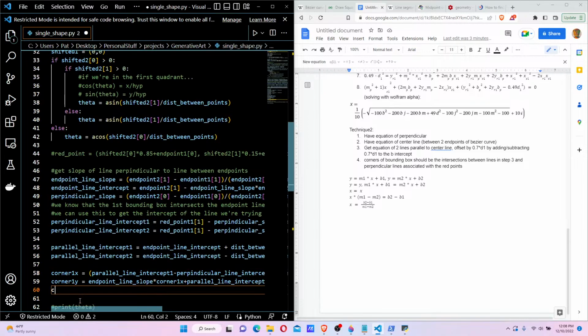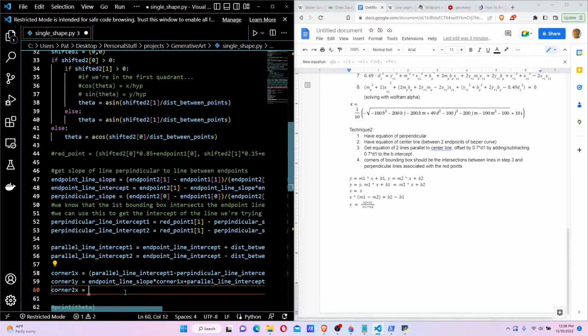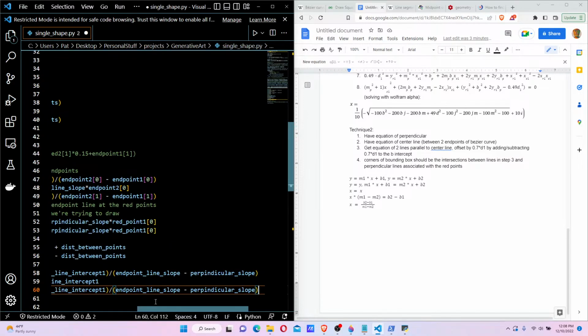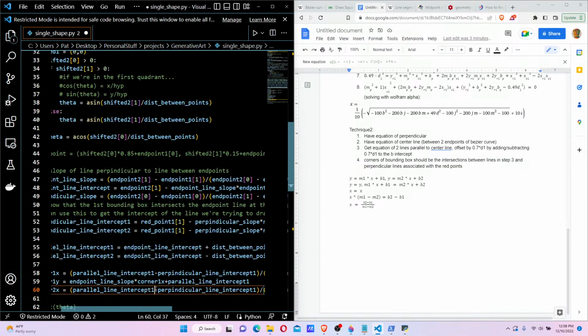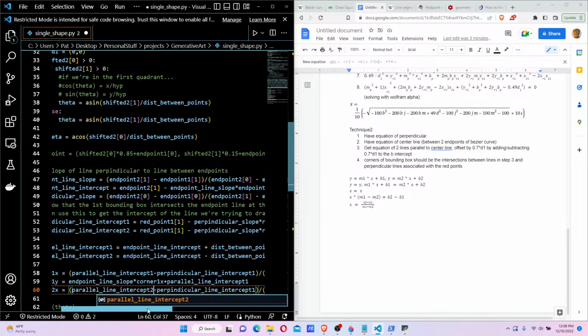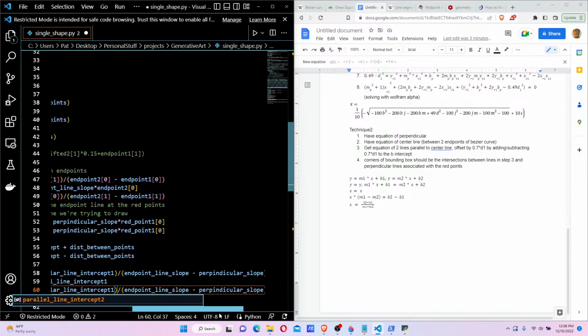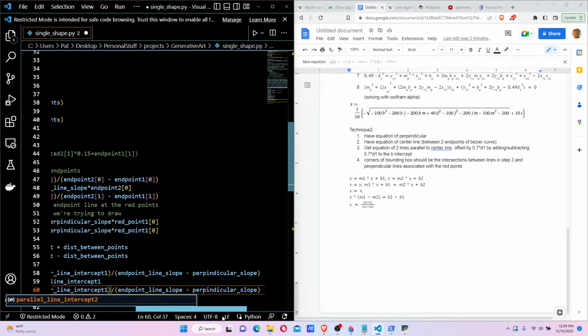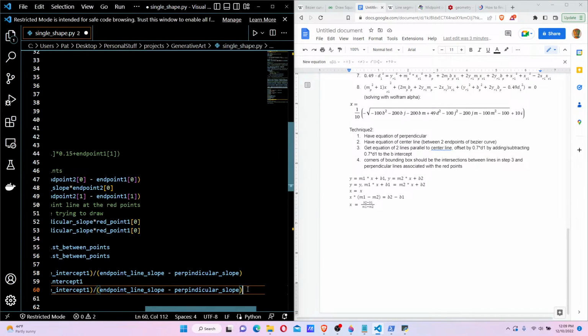Then corner 2 x is equal to parallel line intercept 2 minus perpendicular line intercept 1, divided by endpoint line slope minus perpendicular slope. Okay.